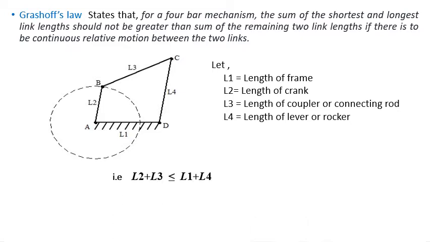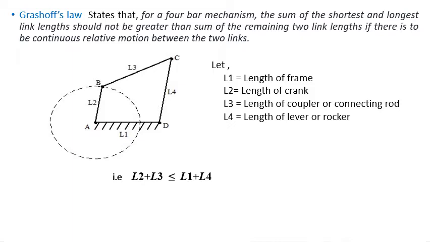So L2 plus L3, that is the sum of the shortest and longest link length, should be less than or equal to the sum of the other 2 link lengths. The other 2 links are AD, that is the fixed link frame L1, and another one is DC, L4, which acts as a rocker.